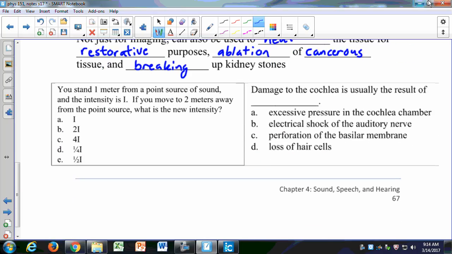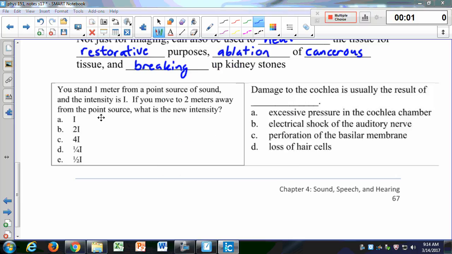All right, let's try a couple of these little clicker questions. You stand 1 meter from a point source of sound and the intensity is I. If you move to 2 meters away from the point source, what is the new intensity? Now remember, our intensity is given by this equation. I is equal to the power divided by the area.